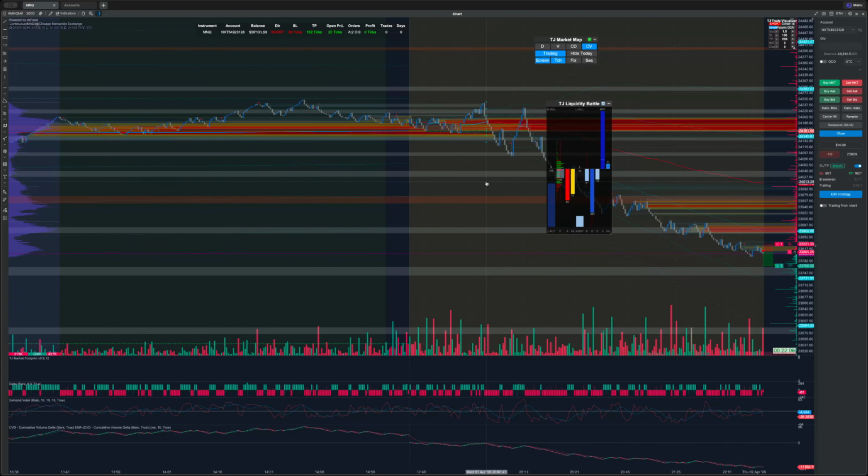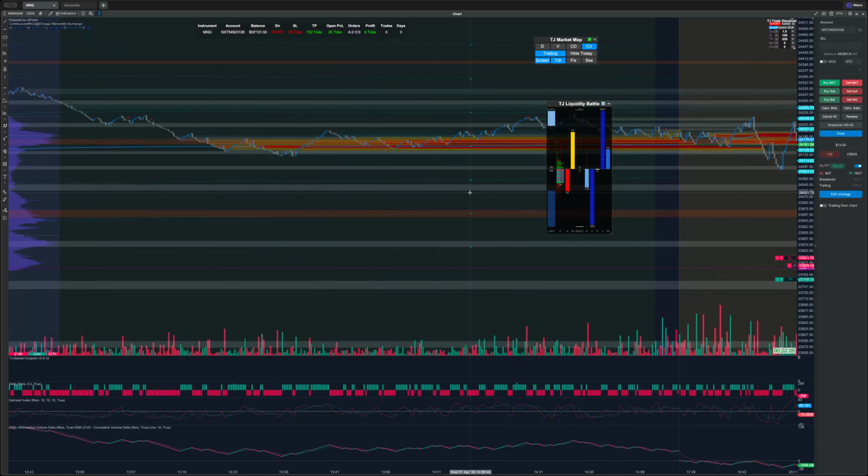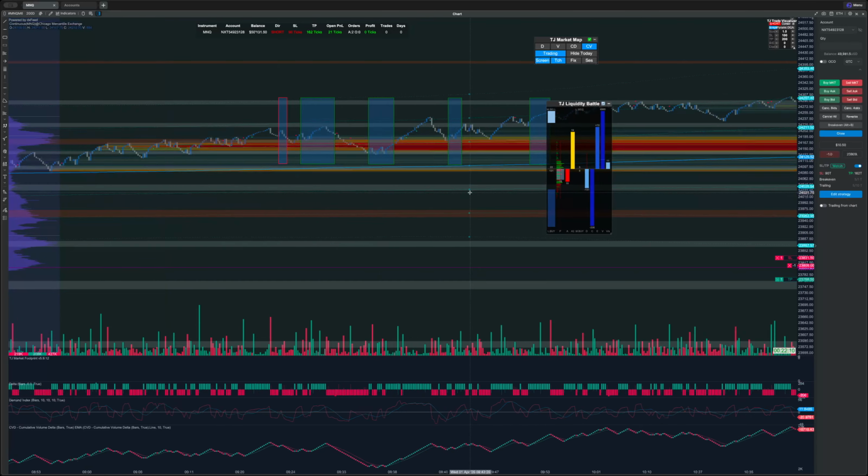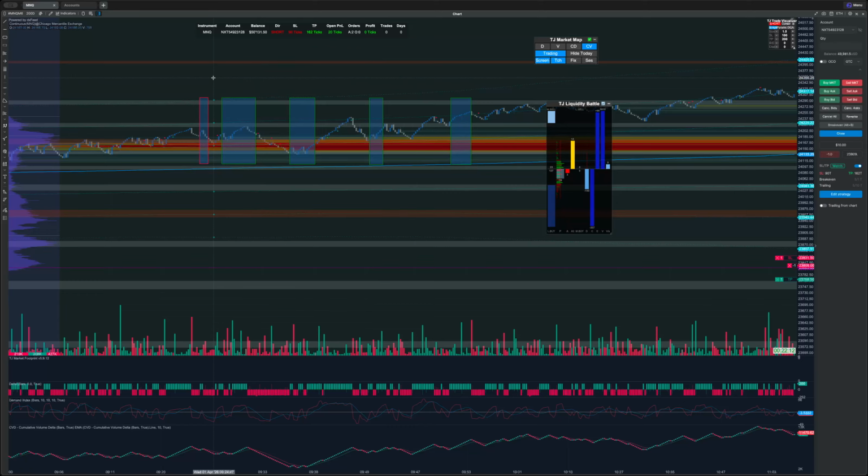Now let's check the trades from yesterday. I mark those trades, that's my way of reviewing them. I mark them here with those blocks. The left side is when I opened the trade and the right side when I closed it.